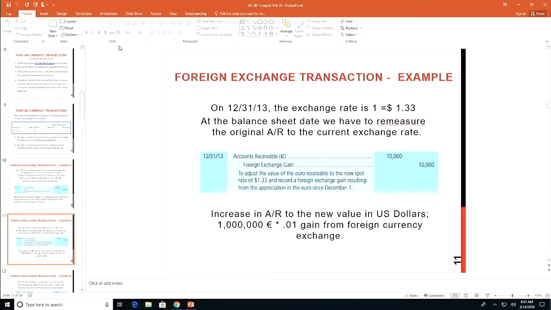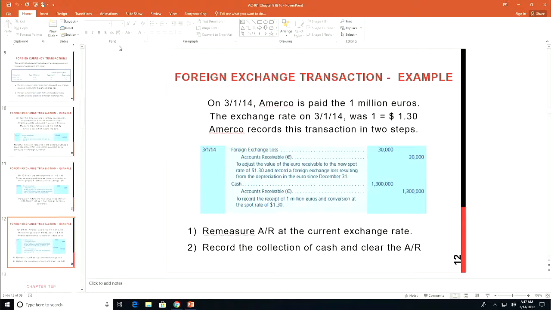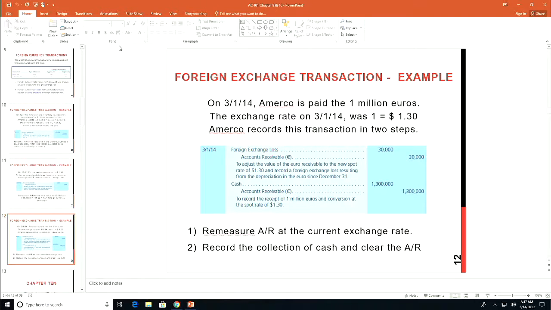So when you are closing your books, you have to check whether you are making a gain or loss. Right. Now, what happened in 90 days, which is March 1st, that European guy actually paid you 1 million euro. The deal is done. You collected all 1 million euro. What are you gonna do with euro?